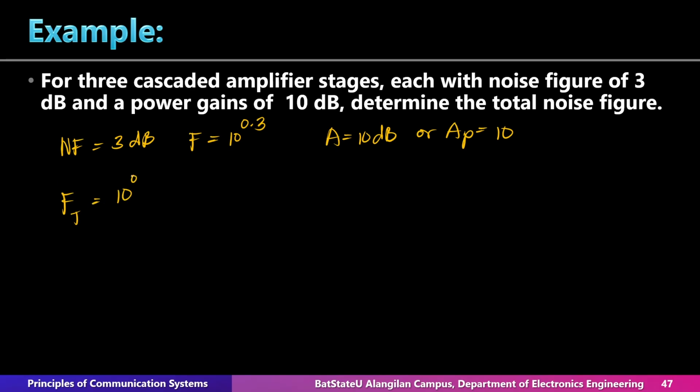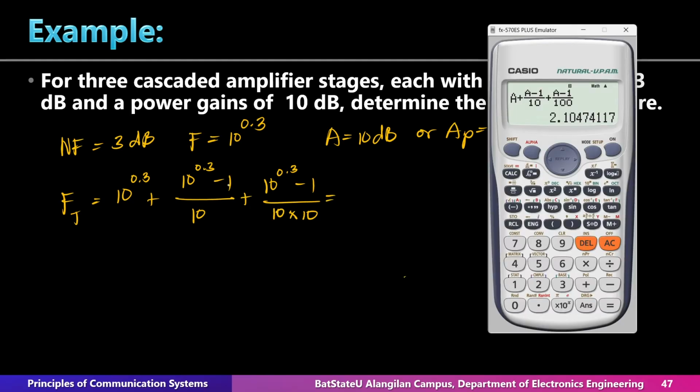So, to get the noise factor, that's F1. So, 10 raised to 0.3 plus 10 raised to 0.3 minus 1 over A1 plus 3 stages. So, 10 raised to 0.3 minus 1 over A1 times A2. So, 10 times 10 equals.